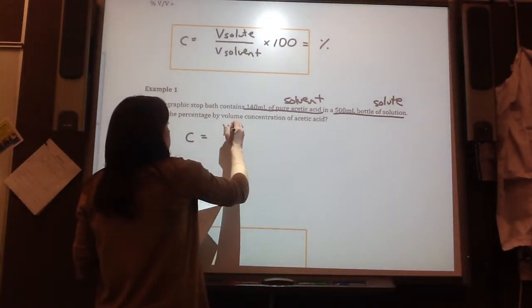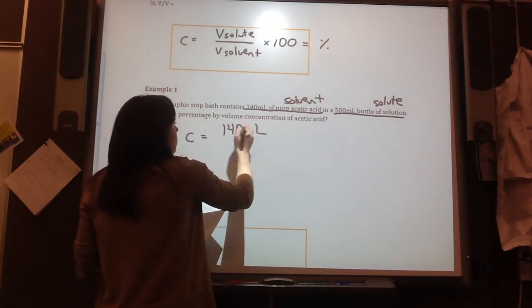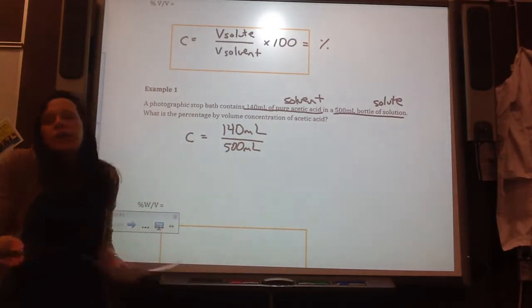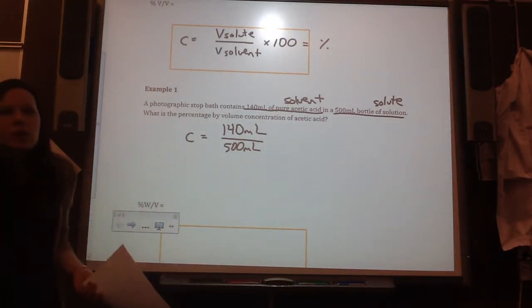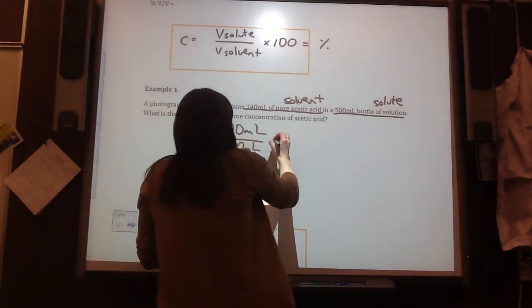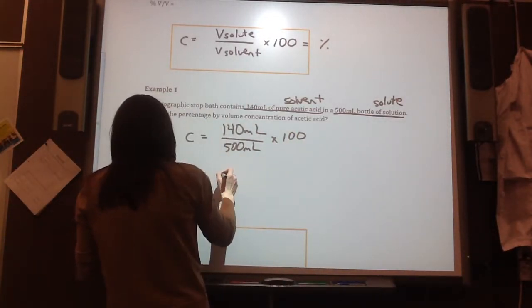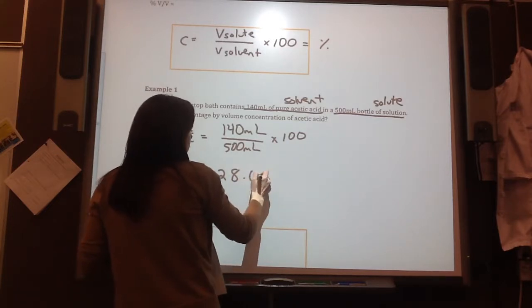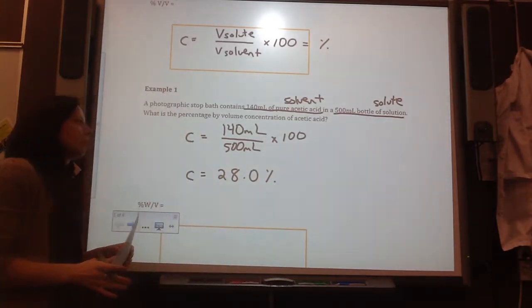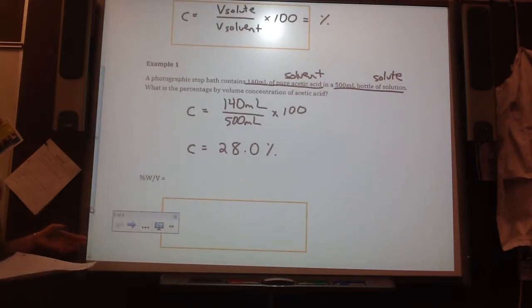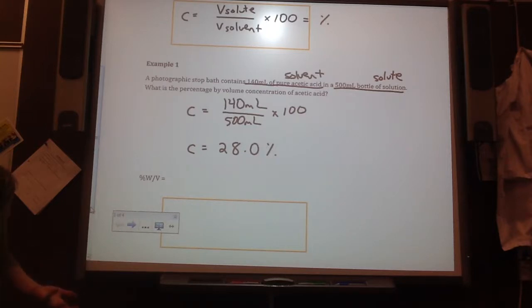So you go 140 milliliters divided by 500 milliliters. You could put it into liters, it doesn't really matter because the units cross out anyways to make a percentage. So times by 100, and your concentration then will equal 28.0%. And there's no units for that, it's just percent because your units canceled out.